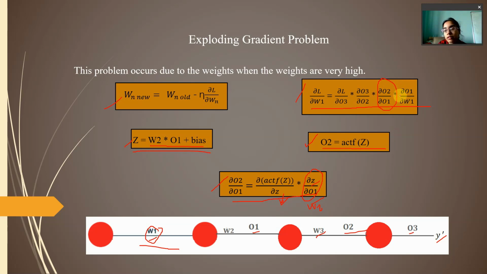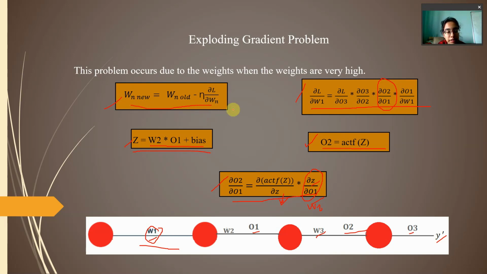Again, del O1 by del W1, suppose it is 125. Suppose del O3 by del O2 is again 100. So multiplying all these values will result in a very large value. Now if we put this large value in this equation, then what will be the result?